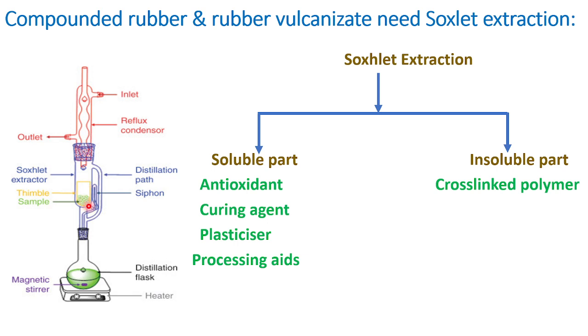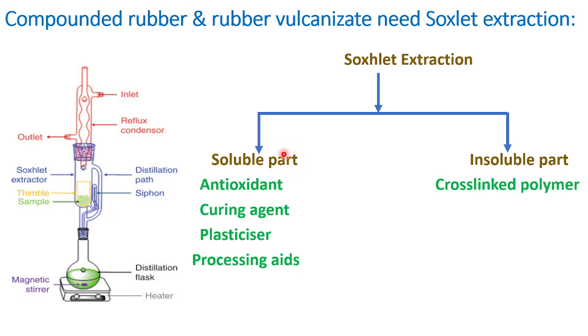Here the sample is kept. You have to cut your rubbery material into small size particles and put it here, and then boil the organic solvent. It will come through here, and then through the siphoning process it will come out again, and come again here. You have to do a number of cycles so that from the vulcanized or compounded rubber, the different additives or curing agents will come out from the rubbery material.